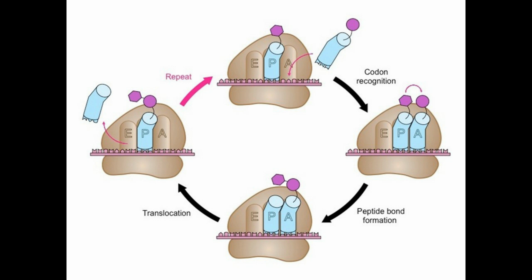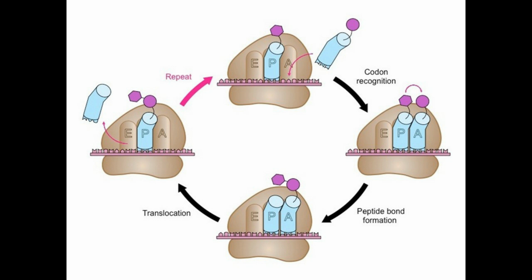A site is free now. Now the next amino acid tRNA comes and it occupies the A site. With the help of the enzyme, the tRNA which is already having 2 amino acids bonded to it will transfer those 2 amino acids to the amino acid which is now present on the new incoming amino acid tRNA.